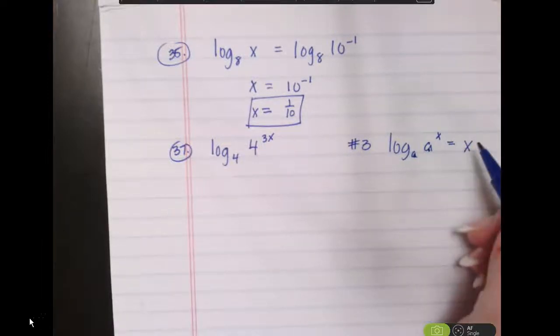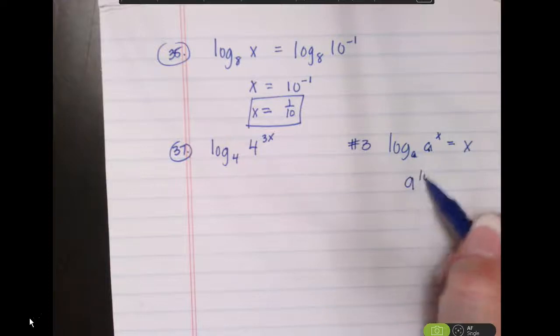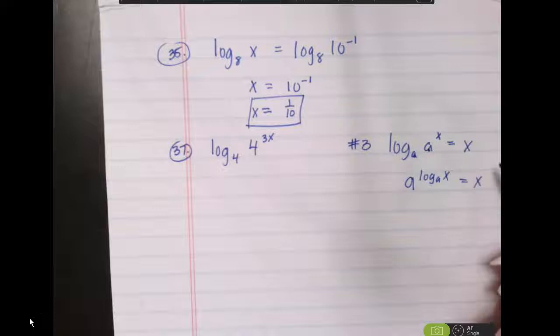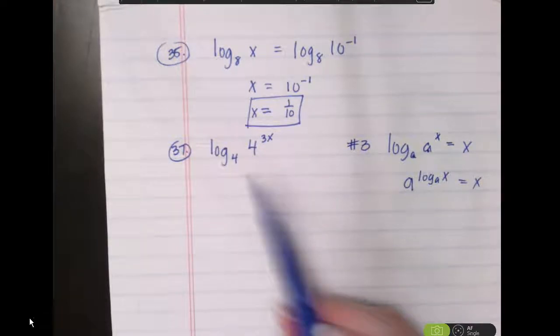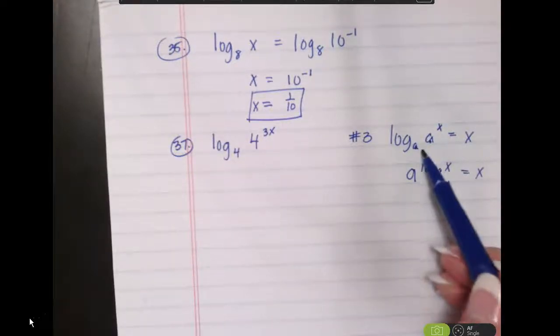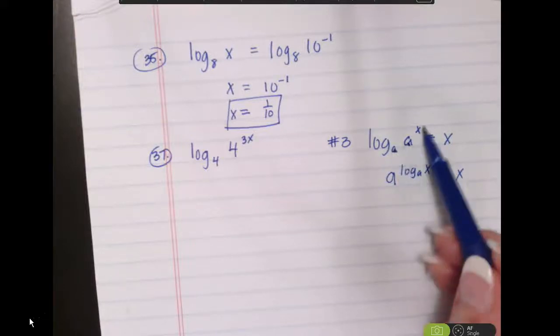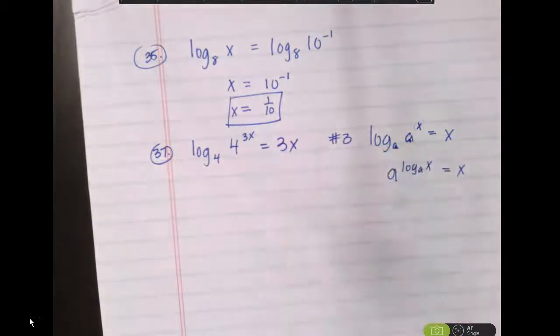So then that means a to the log base a of x equals x. I prefer to read and interpret this one right here. When these two numbers match, then the answer is what's up in the exponent. So I'm going to look at it like that.